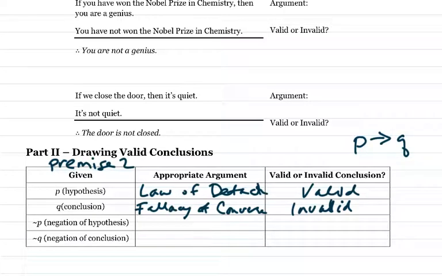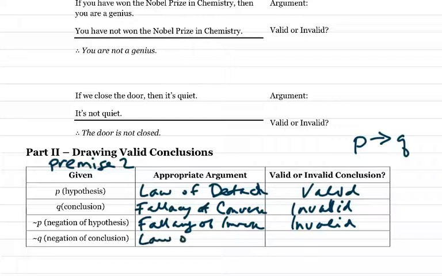If we have if P then Q and then we have not P, that's our fallacy of the inverse, and that's invalid. And if my second premise is not Q, the negation of the conclusion, that's going to be our law of contraposition, which is a valid argument.